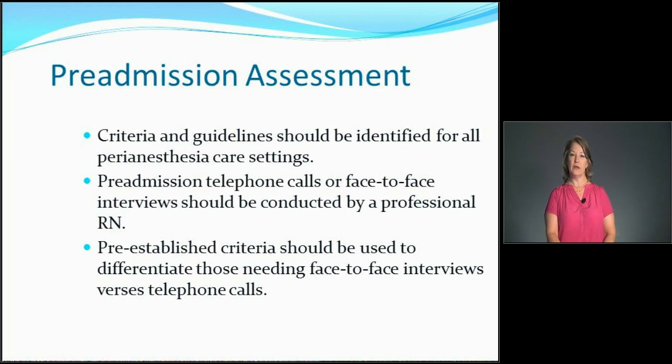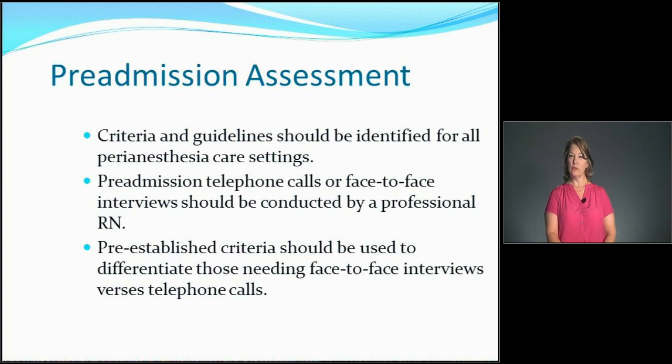So there are two different assessments related to perioperative nursing practice. There's the Preadmission Assessment, and then I'll talk about the Preoperative Assessment. The Preadmission Assessment is based on criteria and guidelines that are identified for all peri-anesthesia care settings. Preadmission telephone calls or face-to-face interviews are conducted by an RN prior to the patient ever coming into the facility.